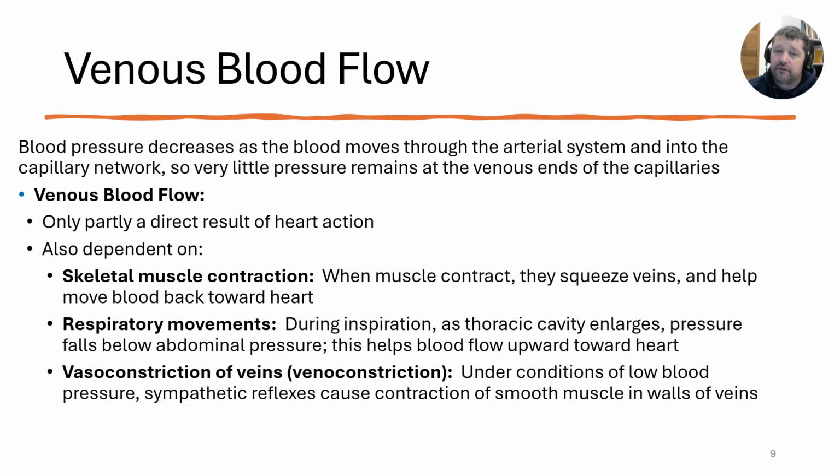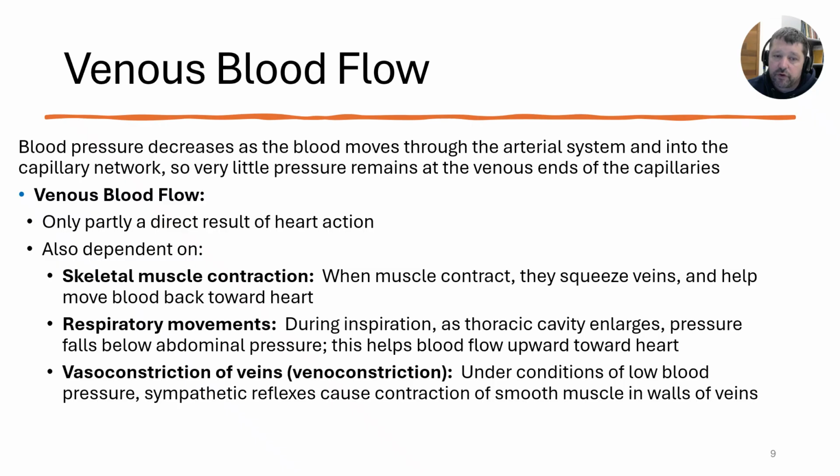Because the veins have valves, the blood isn't allowed to flow backwards. It will cause the blood to pool between valves. We'll talk about that in a second. But if a muscle contracts in between valves, it will push the blood through the next valve, and that will be moving towards the heart.